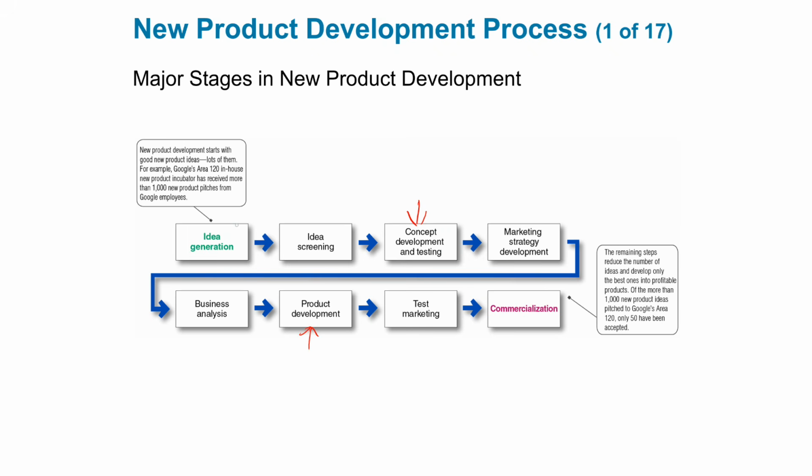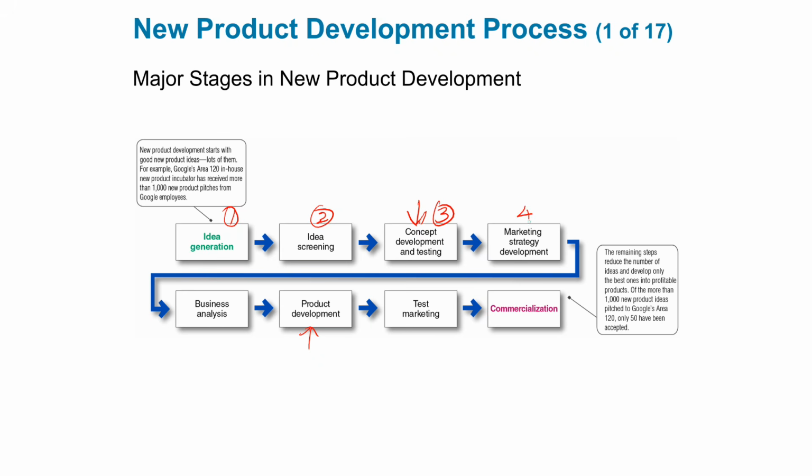So the first one is idea generation. Idea generation is the first stage, which means that you have to have an idea first to produce a product, and then you have to screen the idea and choose the ideas which are best suitable. Then you have to develop a concept of that. I'm going fast because in the coming slides we are going to explain each one of them in a lot more detail. Then you have to develop a concept, the concept development, and then test the concept.